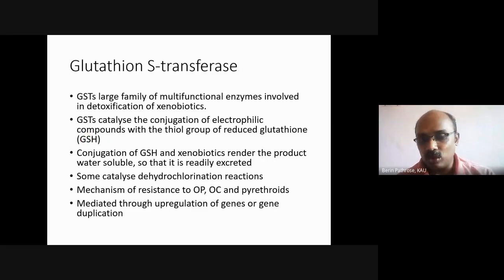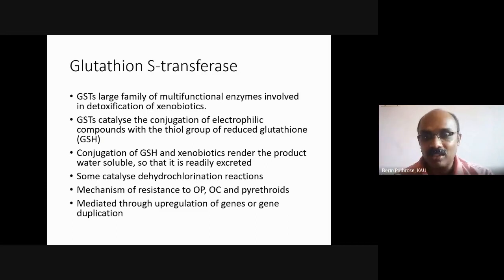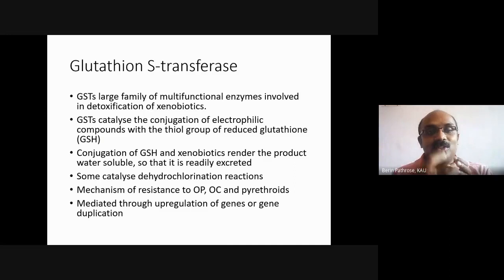So glutathione transferase will catalyze the reaction of the pesticide molecule or any xenobiotic with reduced glutathione. This is a conjugation reaction, that means a binding reaction. Reduced glutathione will conjugate with the pesticide, and the molecule becomes more water soluble or hydrophilic so that it can be easily excreted.